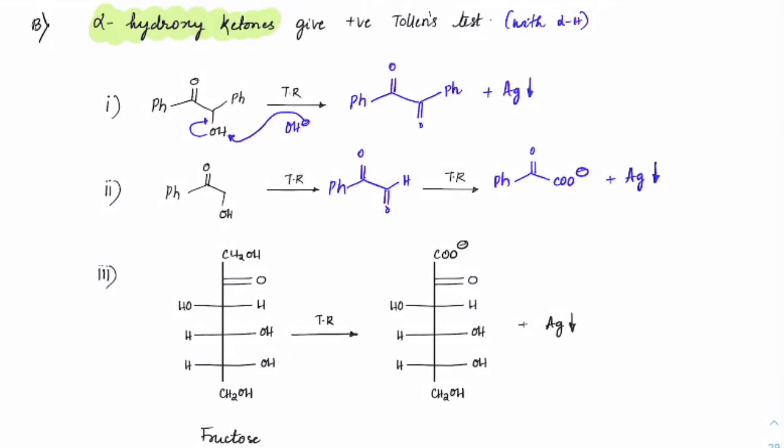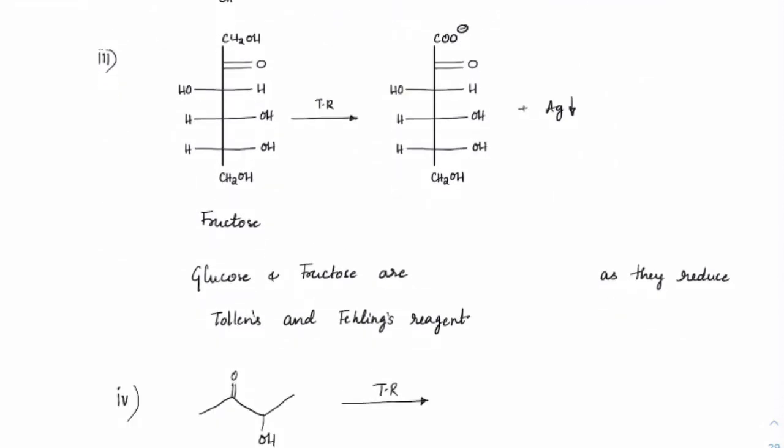Next, check this case here. In biomolecules, especially carbohydrates, we will distinguish all carbohydrates into two categories: either they are reducing sugars or non-reducing sugars. Reducing sugars are those which will reduce Tollens reagent or Fehling's reagent. Glucose and fructose are considered to be reducing sugars.